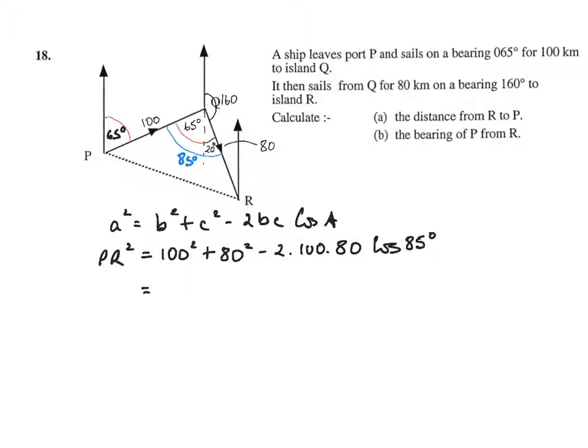So that's 16400 minus 16000 cos of 85 degrees, and that gives, so we have PR equaling 122.5 kilometers.